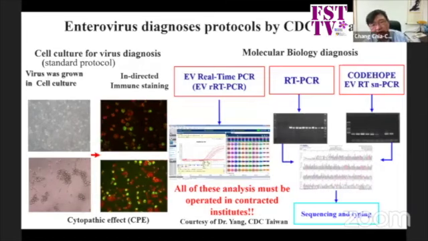First of all, they need to culture the virus and see whether it shows the cytopathic effect. After that, they extract the RNA and convert it into cDNA, or they can use real-time PCR to detect. Another process is RT-PCR, and currently the WHO may use the cohort.